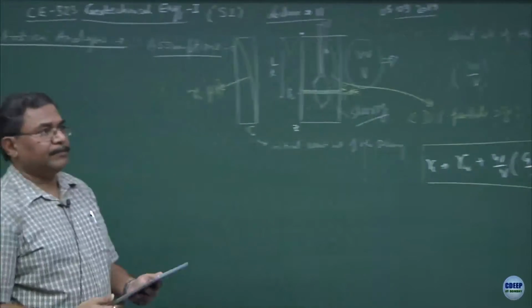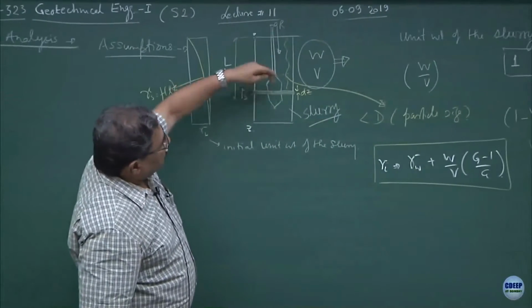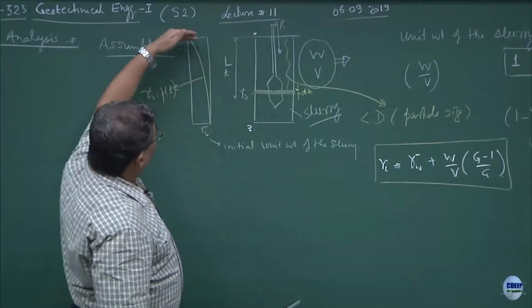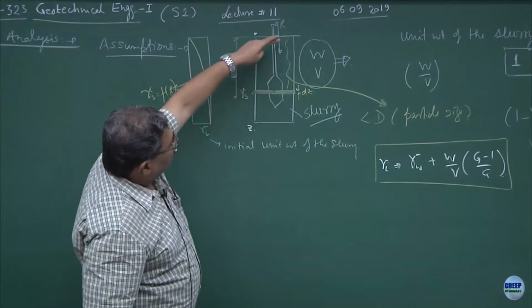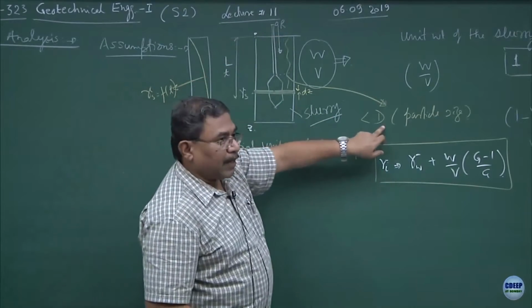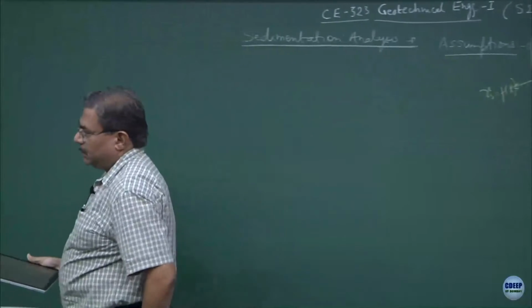Is this okay? So, because of the settlement or because of sedimentation process, when the gamma is changing from here to here, the particle less than d size will not be available.